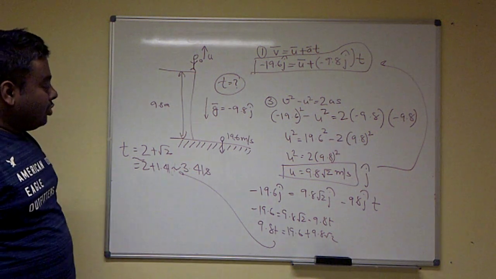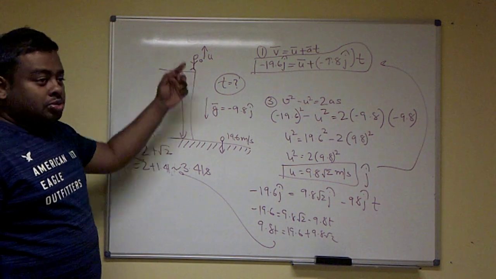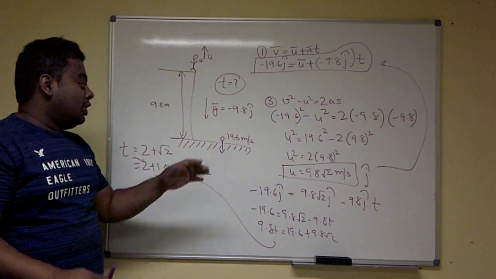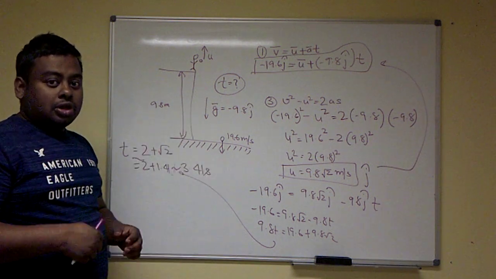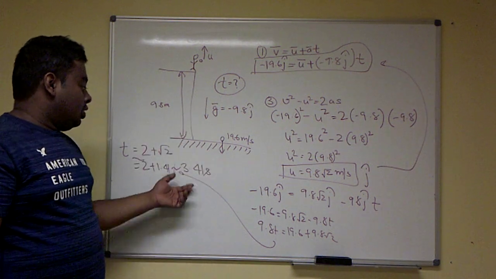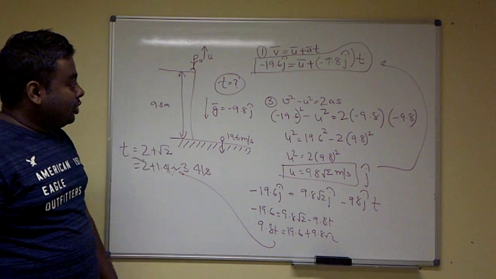So with that, we covered how much time it will take for us to throw the ball up and hit the ground. That will be upwards of 3 seconds, around 3.41 seconds.